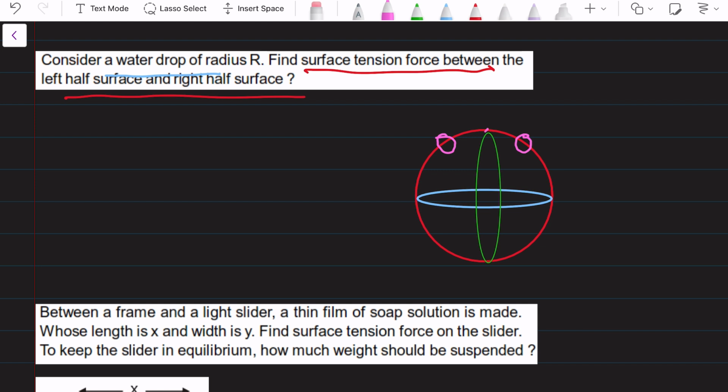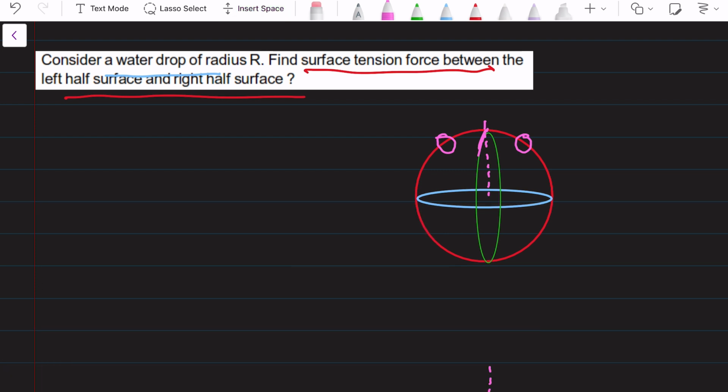Now here if we see this particular surface, if you imagine that this hemispherical surface you have cut in this way, then on the boundary of the left part will be this green circle.